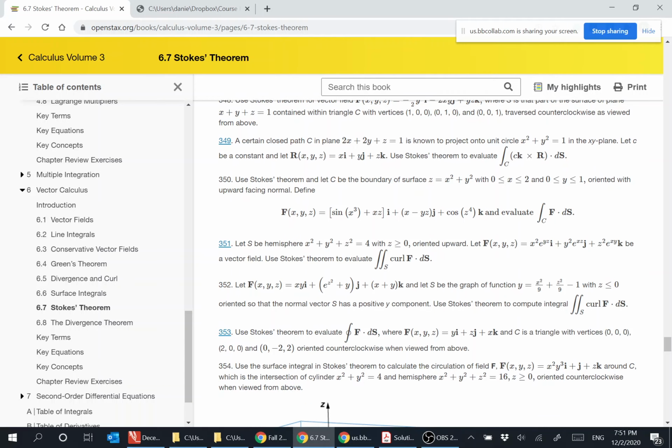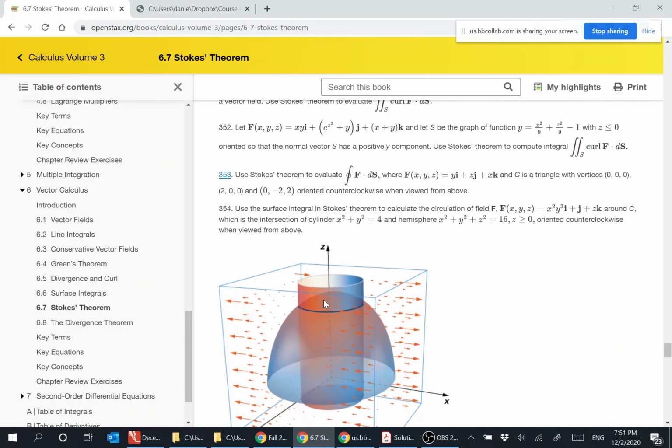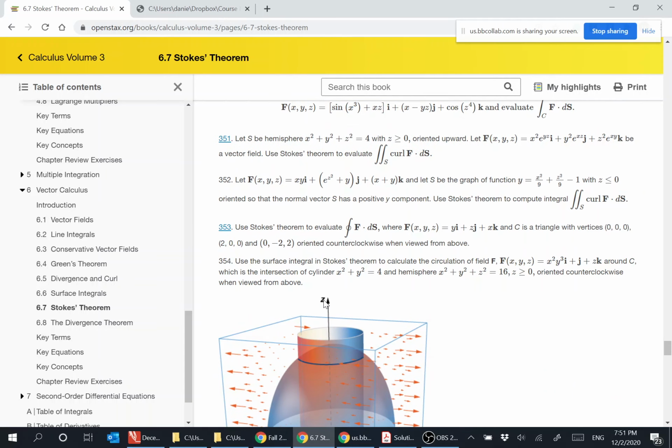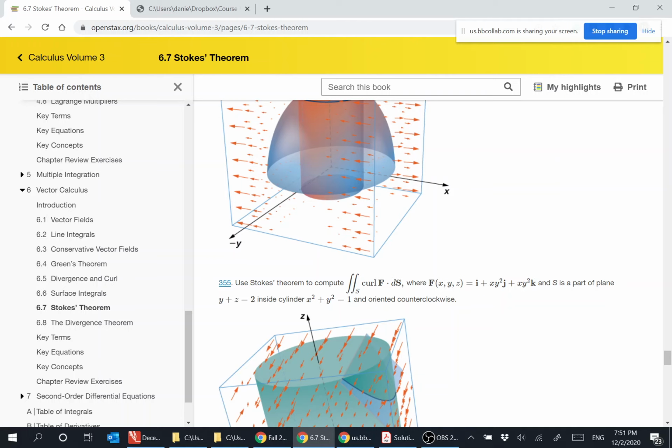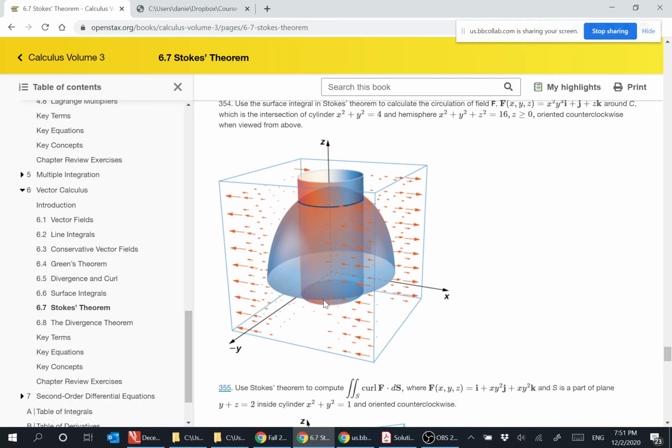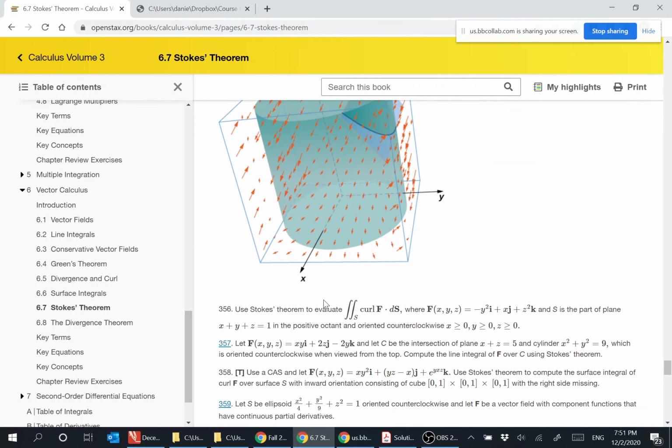S is the hemisphere. They shouldn't give you the surface. They should just give you the curve. 351, 353, 356.